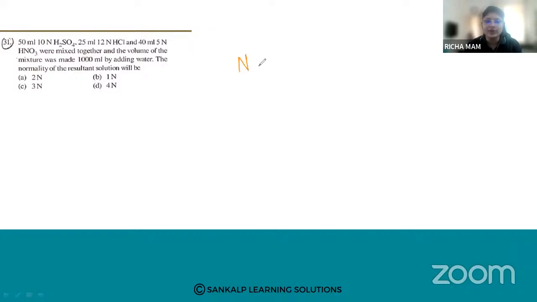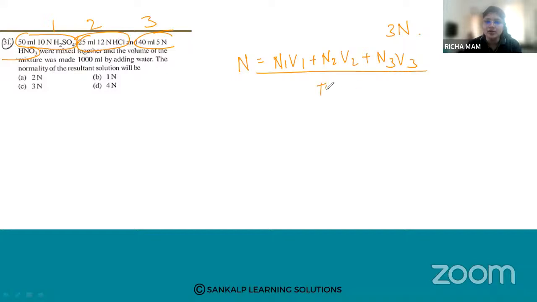Whenever we are calculating normality and we have multiple solutions, this is 1, this is 2, and this is 3. So we have 3 normal solutions. How can we find the resultant? We can find it by N1V1 plus N2V2 plus N3V3, divided by the total volume.